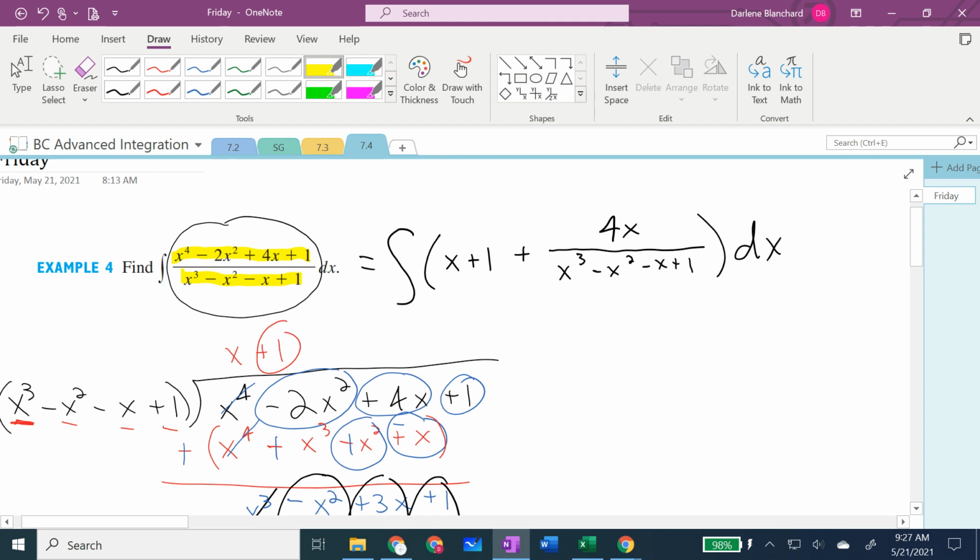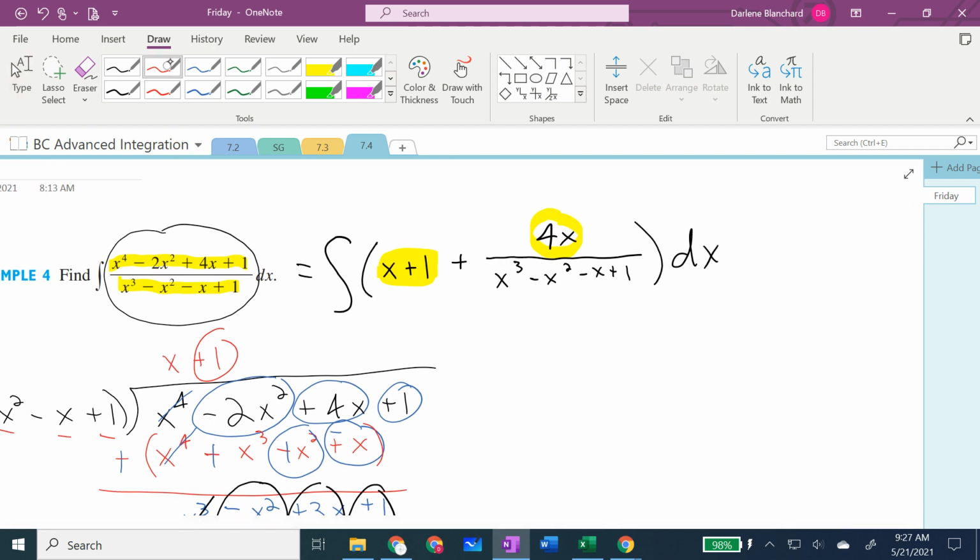When I went through the division process, I had to get a remainder that was less than degree 3. It could have been degree 2, but it wasn't. It ended up being just degree 1, and that's just what it turned into. But this x plus 1 is the full quotient without the remainder part of doing that division.